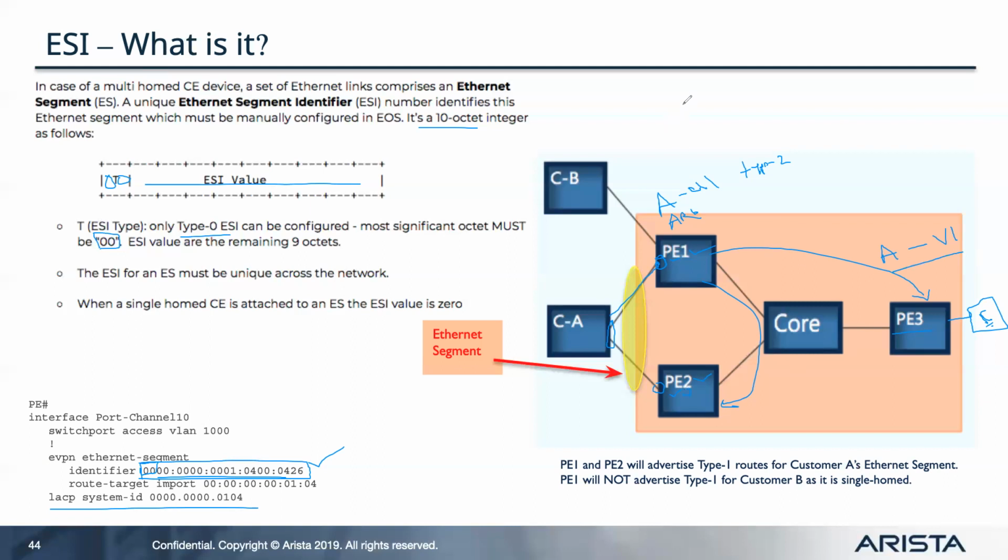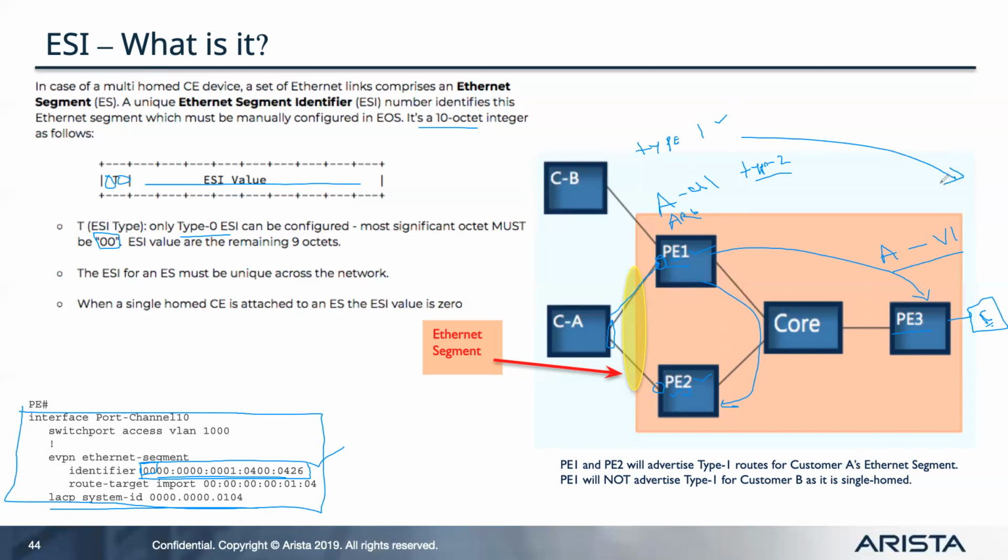That's why this Ethernet segment identifier and auto discovery come into place, the type 1 route. So PE1 will send a type 2 route, but it also sends a type 1 route. As soon as you configure this on your switch VTAP, it generates a type 1 route and sends it to all the VTAPs.